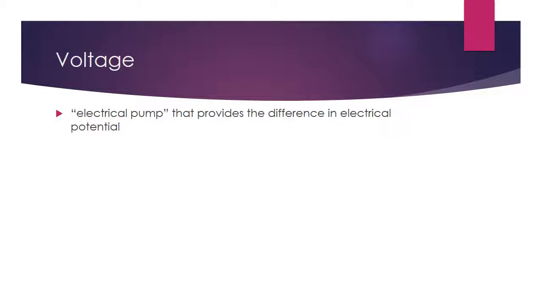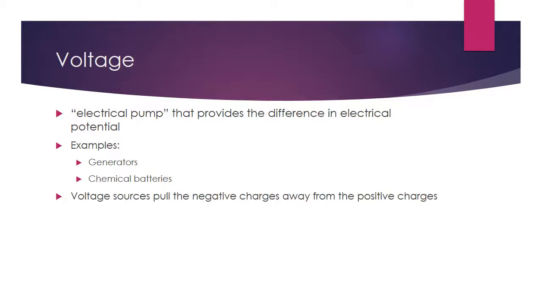So what provides the electrical potential difference is an electrical pump, or we're just going to call it electrical pump. It's really just voltage, all right? So a generator is usually used to create that potential difference, and then batteries are used to create that potential difference in order to make it so that you can push the charge on through the conductor.